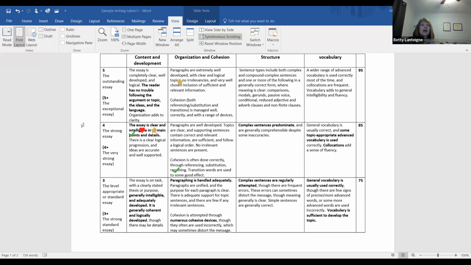There is organization, there is development. I can't say the paragraphs are well developed. The topic is clear. The supporting sentences are relevant, logical. I didn't see anything irrelevant. The weakness is a little bit of cohesion.